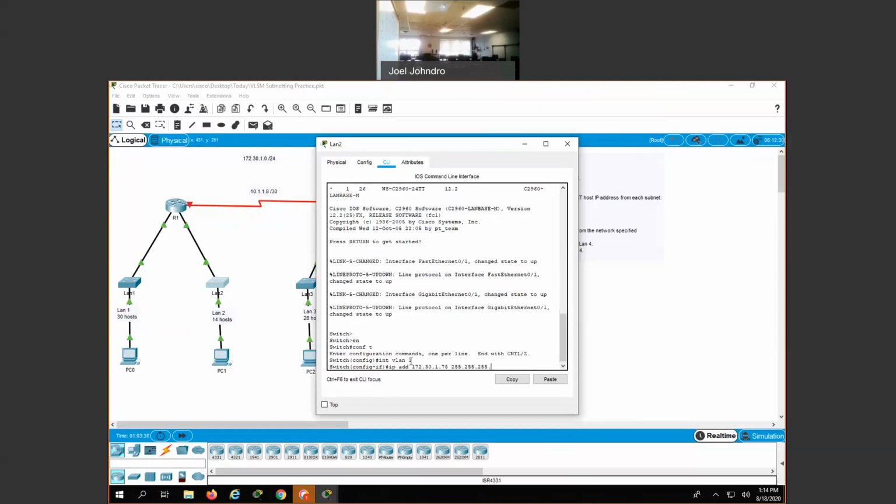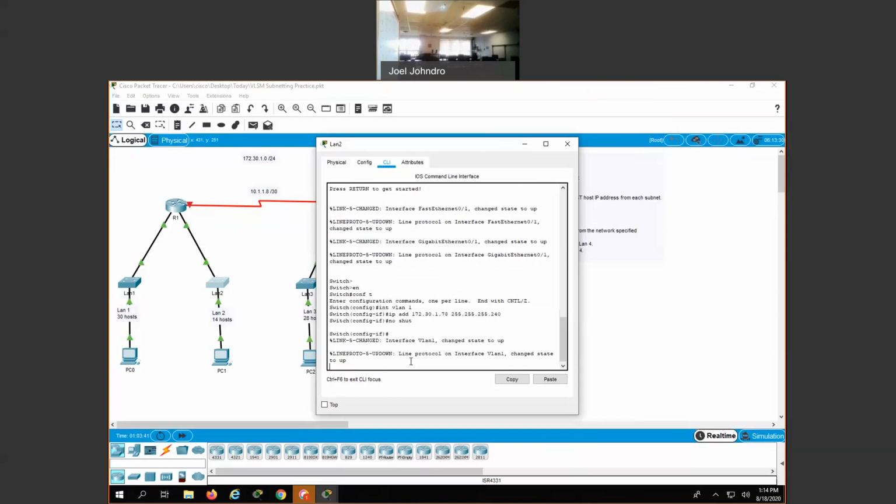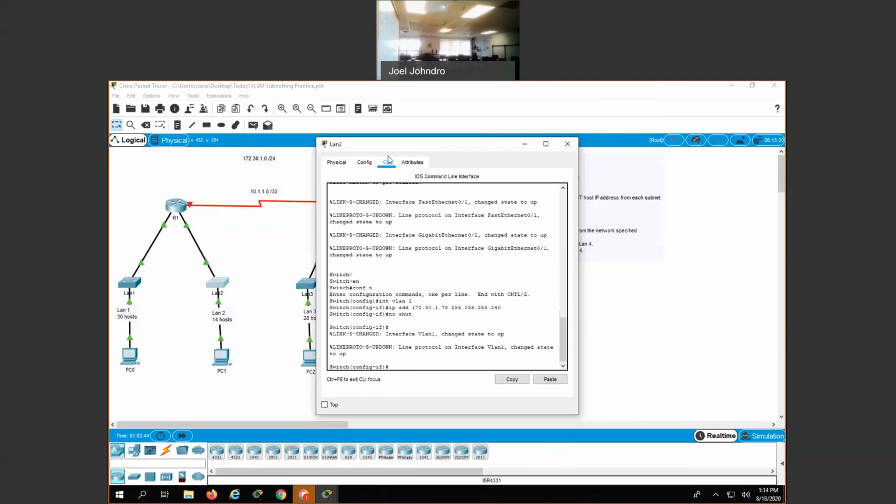And it's .240 for the subnet mask. All right, I'm not going to bother setting up LAN 3 and 4. I think you get how to do that. So let's go on to the next step.